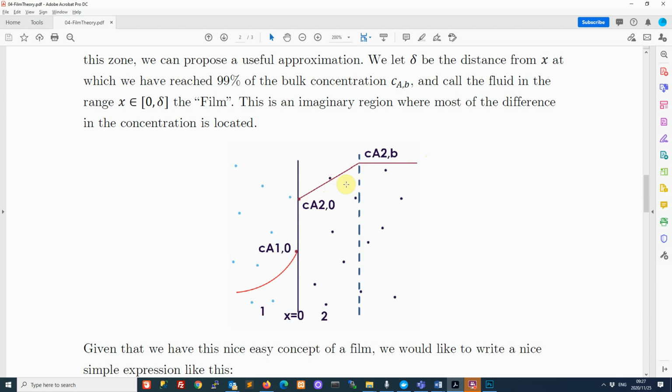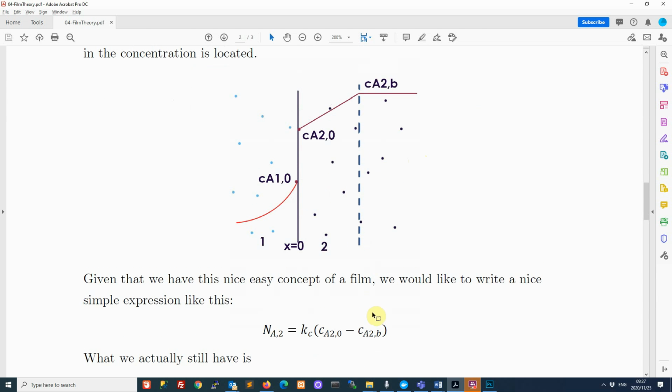So the film is an imaginary or theoretical film. And so we are saying we would like to write a nice, easy expression like this. We would like to take the difference between the interface and the bulk, and multiply that difference with some constant. We just go ahead and call it the mass transfer constant.